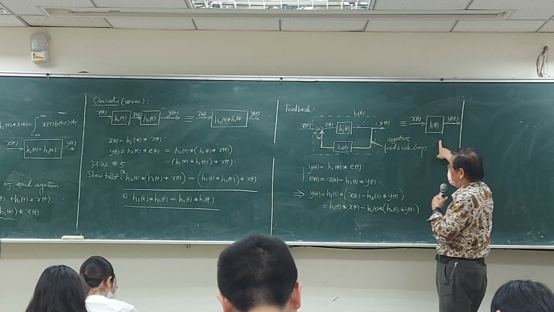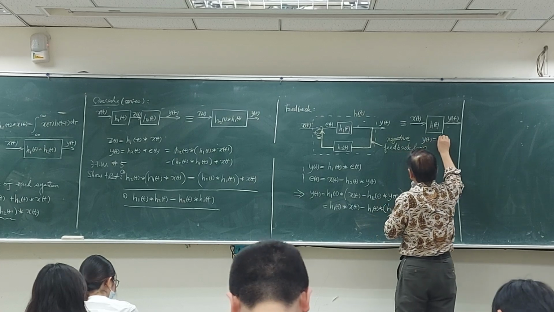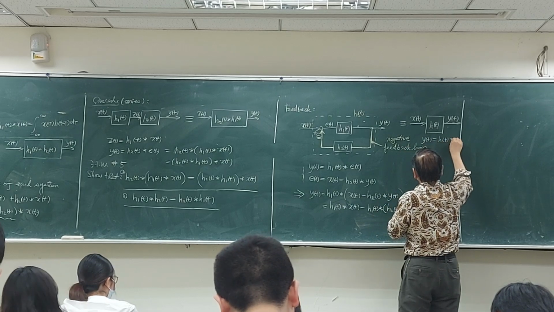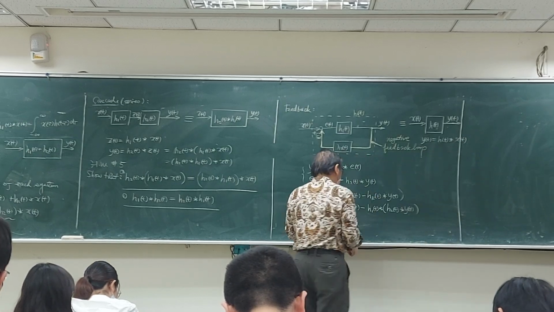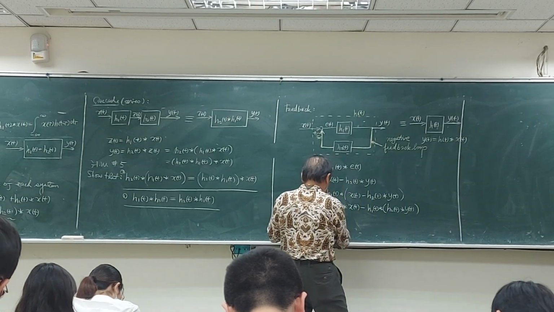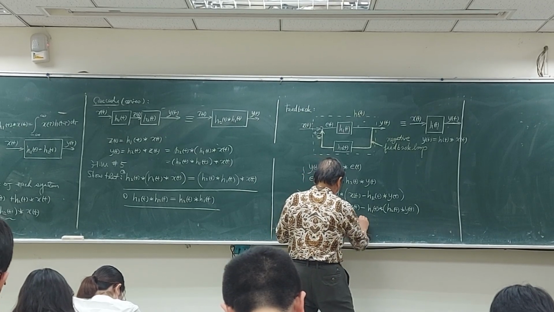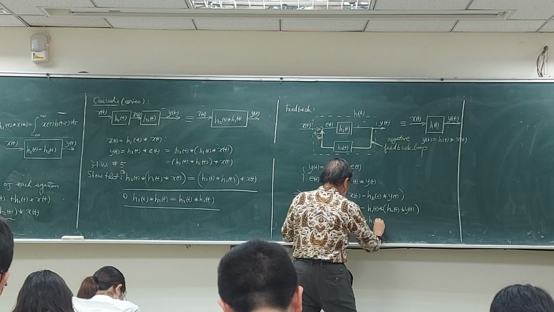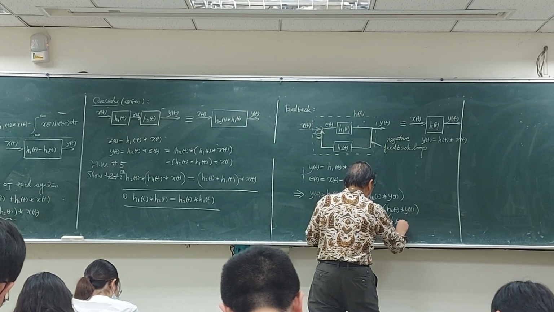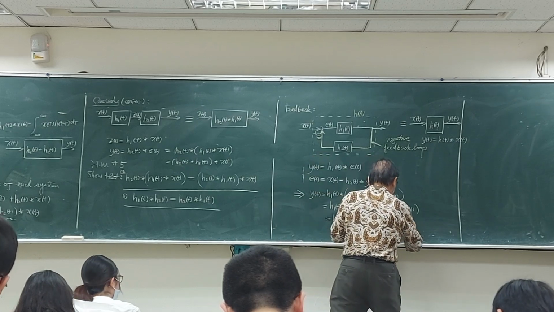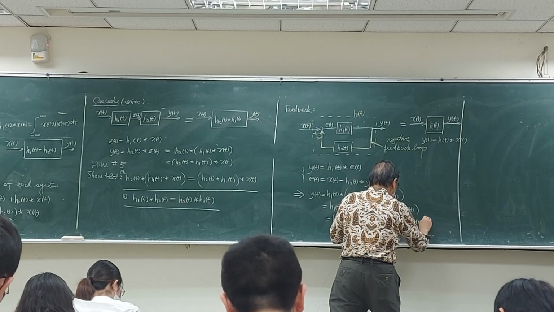This equivalent tells us y of P, the output, equals the solution h of P and the input result. So now I'm going to replace the H1 of T by h of T comma the x of T again.